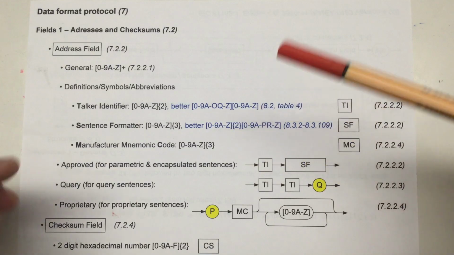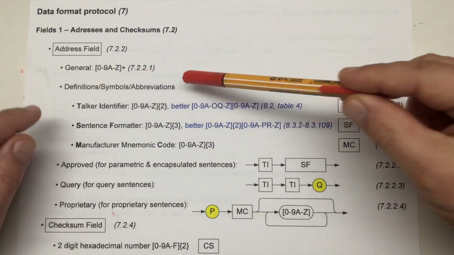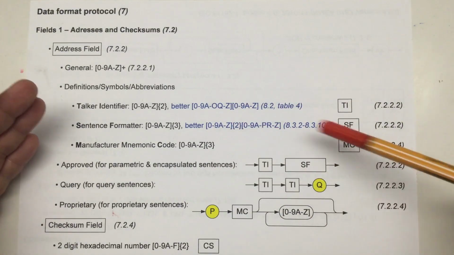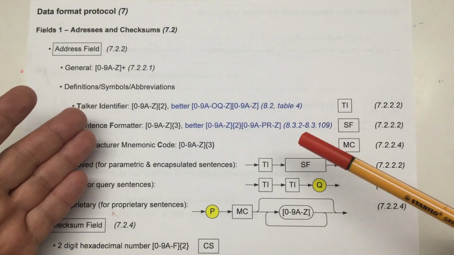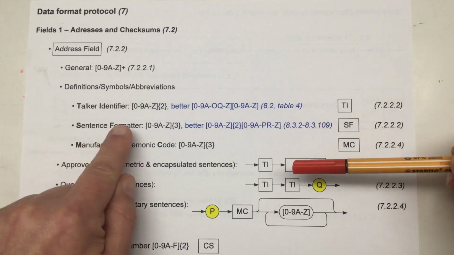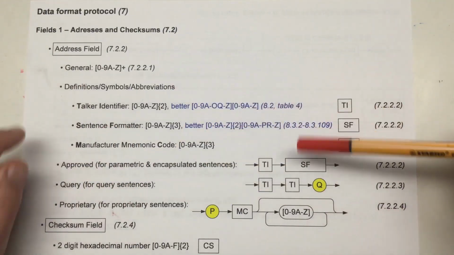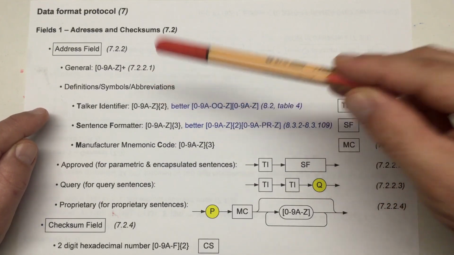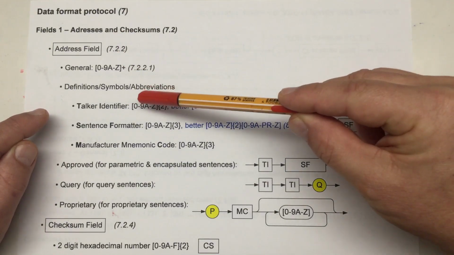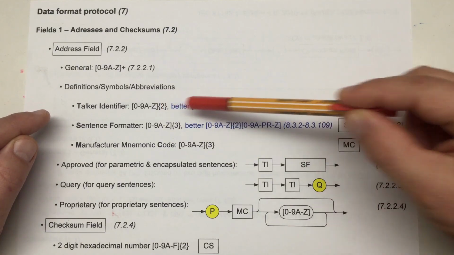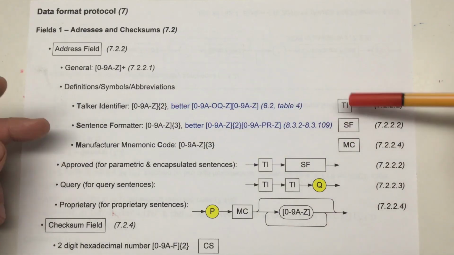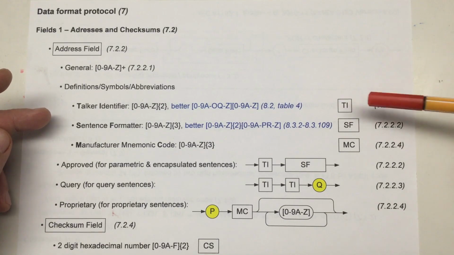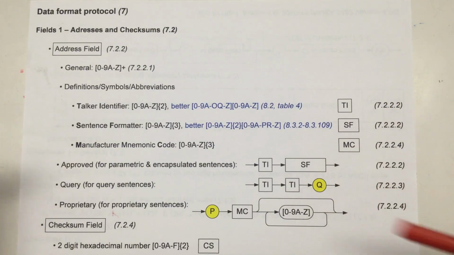At this point, I want to introduce some symbols and abbreviations for stuff defined in the standard, otherwise my syntax diagrams get too crowded. The standard defines so-called talker identifiers inside the address fields, and these are exactly 2 characters of digits or uppercase letters. Ignore the blue stuff for the moment, and I will use a symbol, or respectively abbreviation, TI for them in my syntax diagrams.